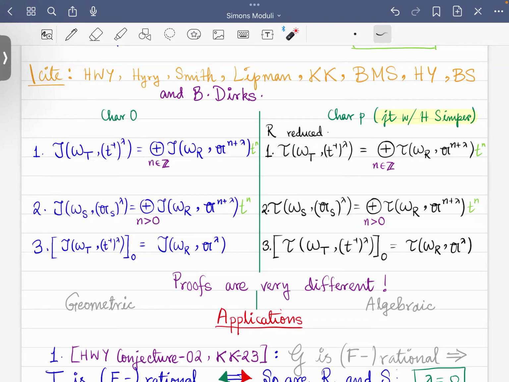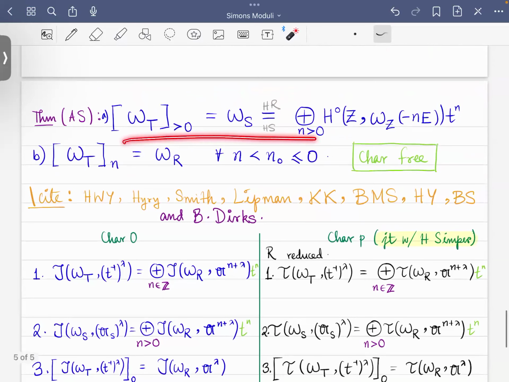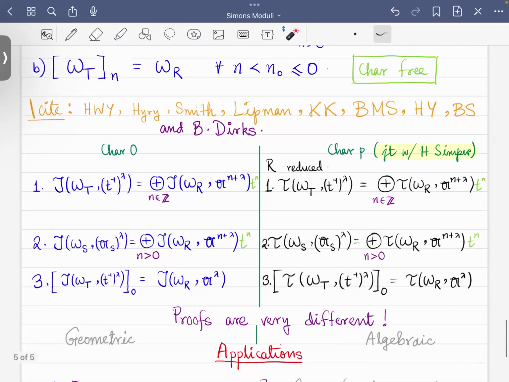The characteristic 0 proofs are extremely geometric. On the other hand, in positive characteristic, I'm using a result of Schwede and Tucker to compute these things carefully using this canonical module decomposition formula.